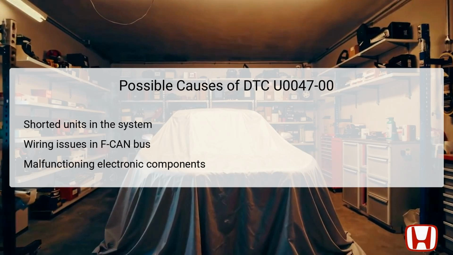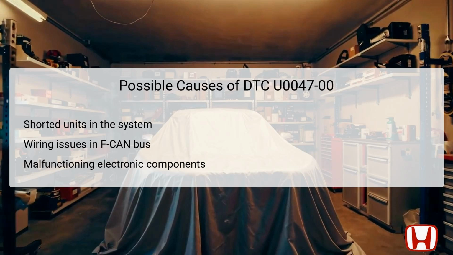Several potential causes may lead to the indication of DTC U0047-00. Firstly, there can be shorted units within the vehicle's electronic network that disrupt normal communication across the CAN gateway.